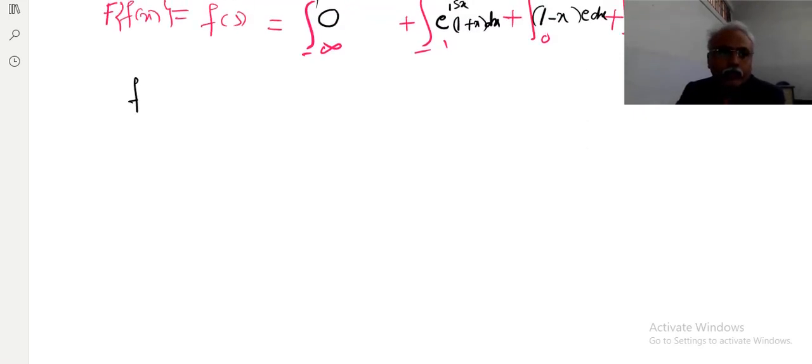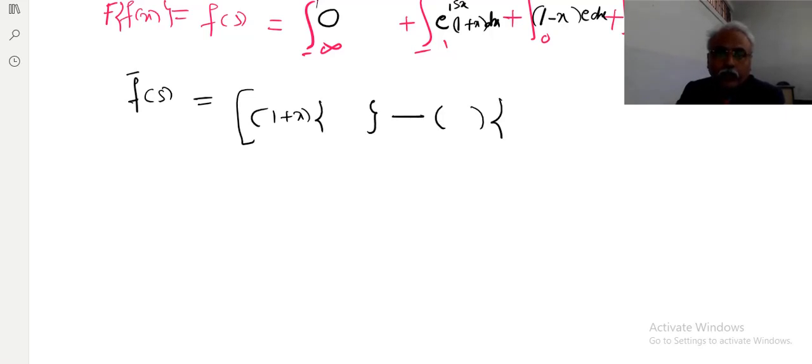F bar of s, for the minus 1 to 0 part: first 1 plus x as it is, then the integration part, alternately plus and minus. Differentiating 1 plus x with respect to x gives 1, which is constant, so the next terms need not be written. For any polynomial function such as x squared, first keep it as it is, then go on differentiating.